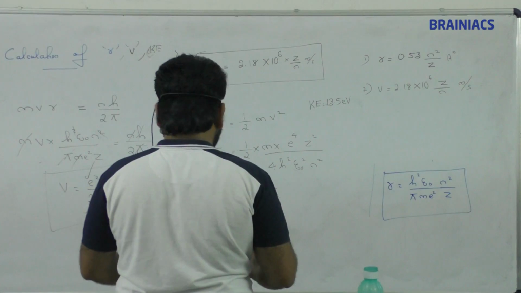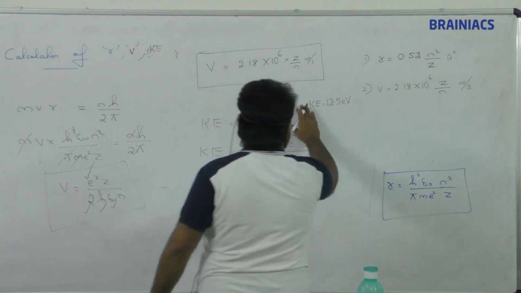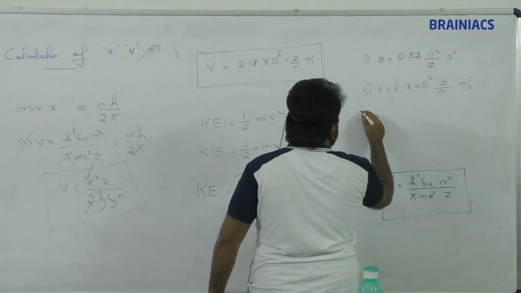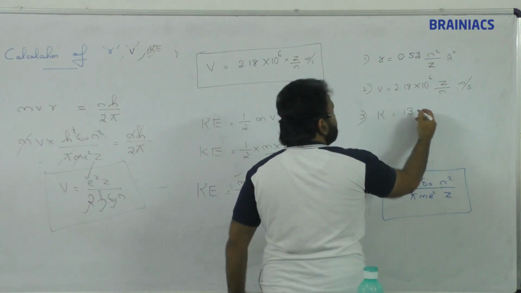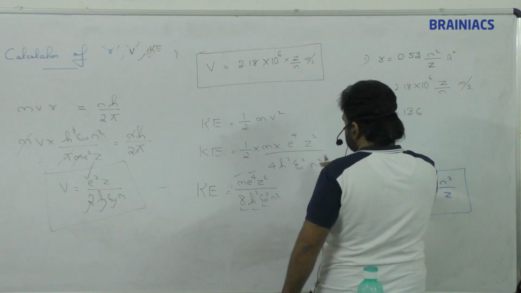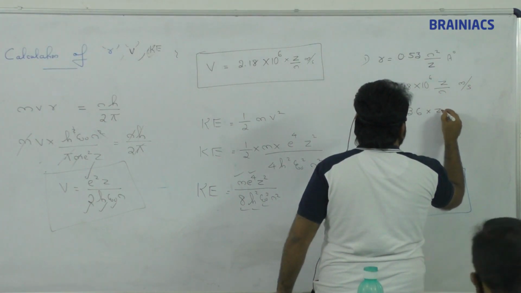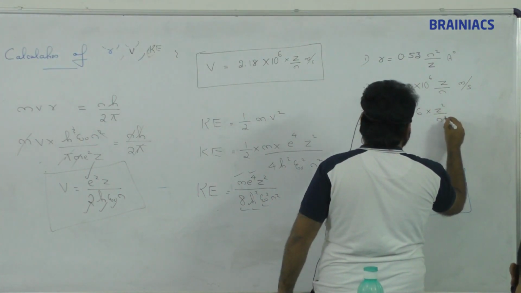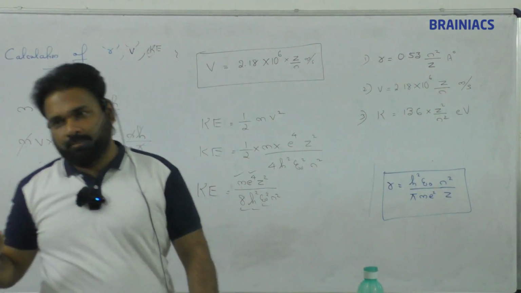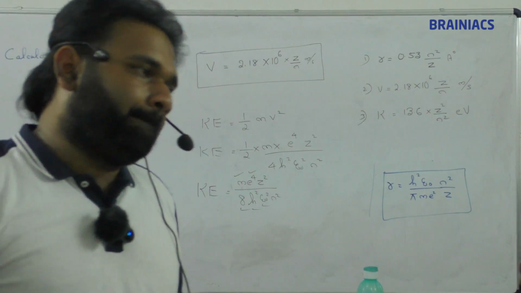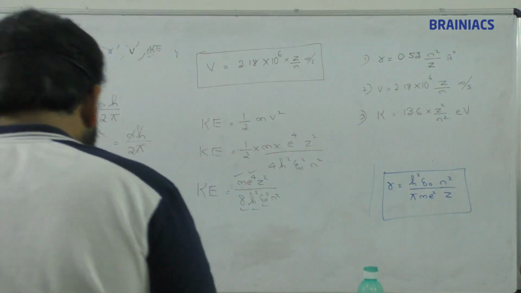Third point, kinetic energy is equal to 13.6 z square by n square electron volt. Done. Okay, kinetic energy is done. Clear? What is potential energy?